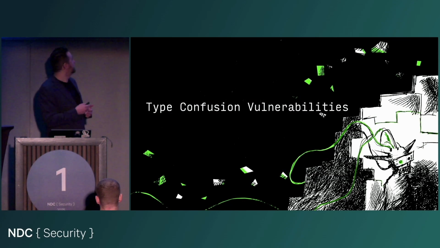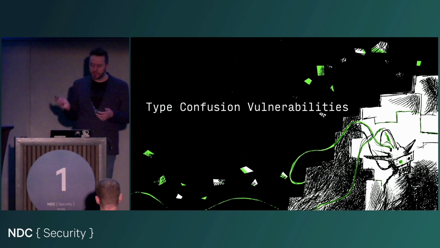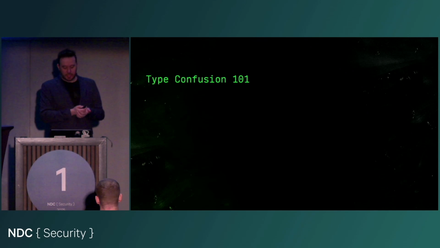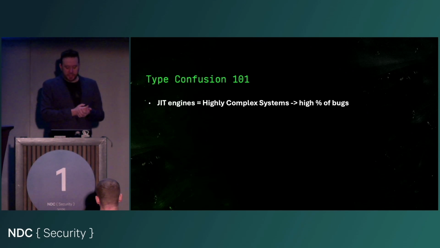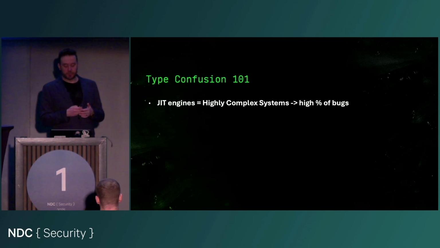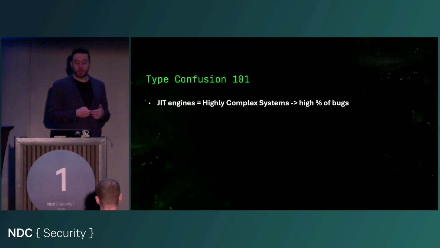So let's introduce type confusion vulnerabilities. JIT engines are complex because compiling at runtime requires balancing speed, optimization, and secure coding. Bugs arise during JIT compilation due to, most likely, missing checks.